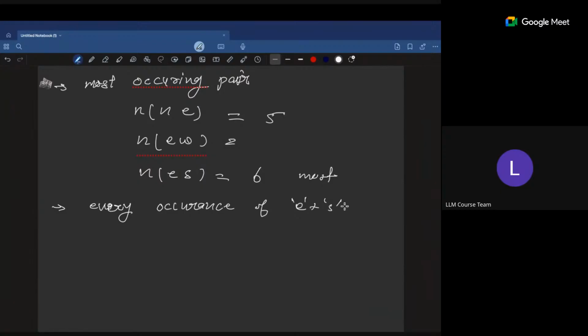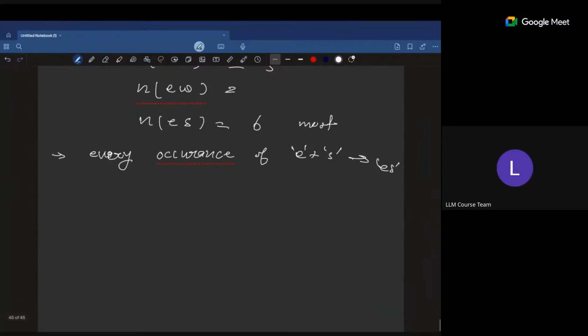In my corpus you have N E W. Here you don't have ES, right? You have N E W E S T. So I will replace this E S as a single token ES, and again W.